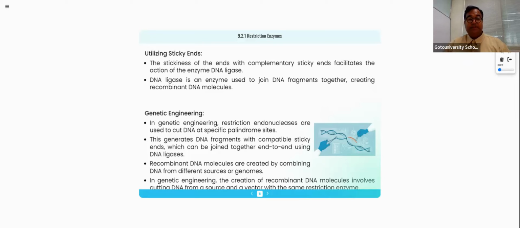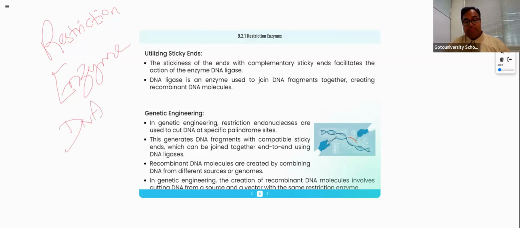Again, I'm repeating, by using restriction enzyme and DNA ligase enzyme, I am introducing the gene of my interest into the plasmid DNA or vector DNA.